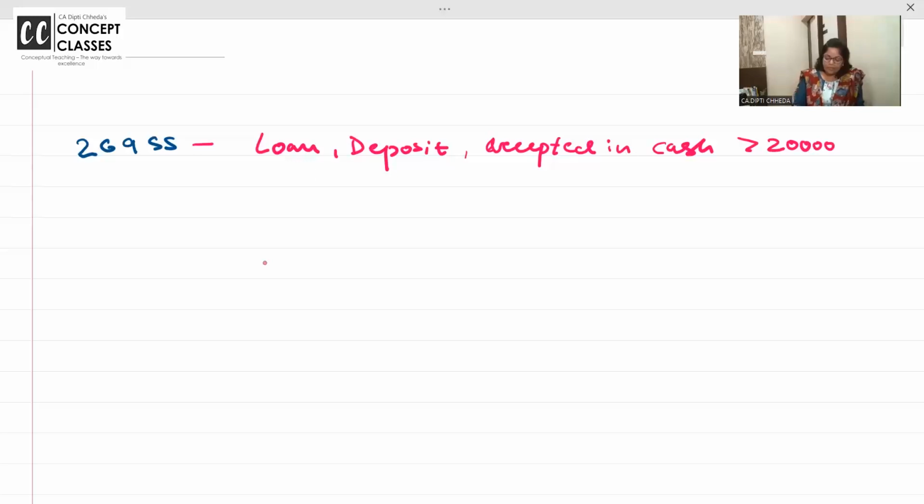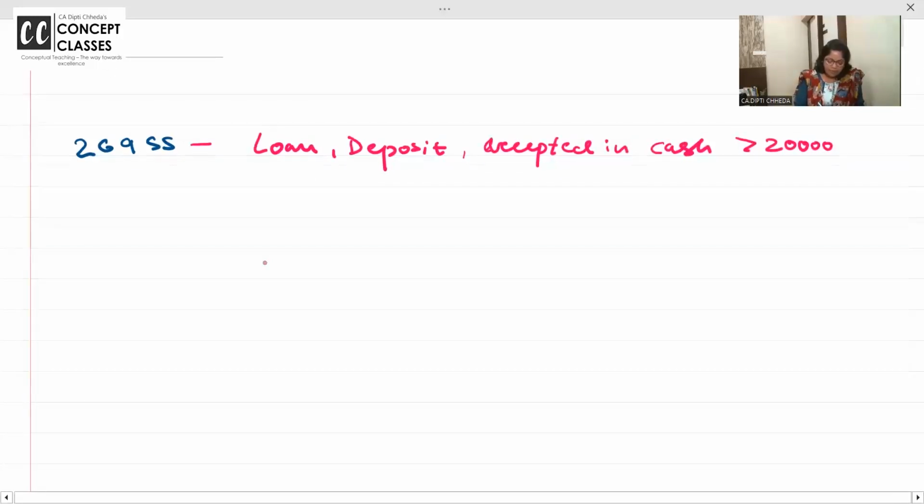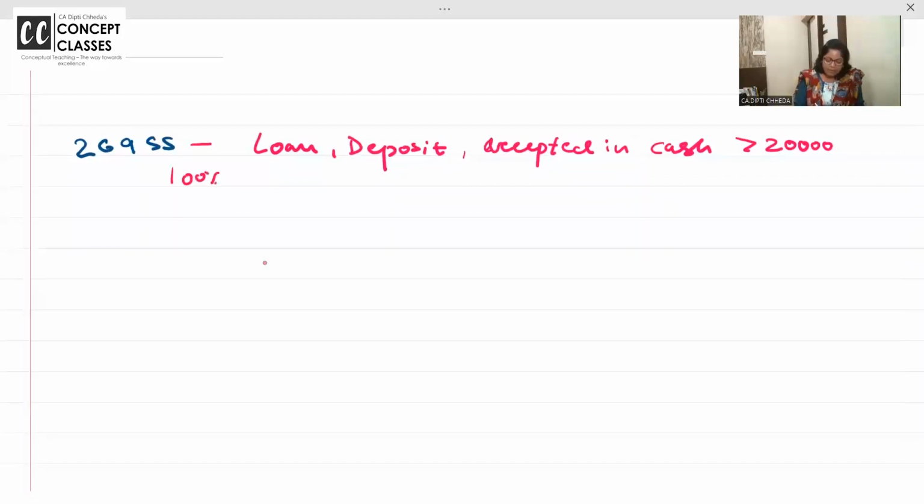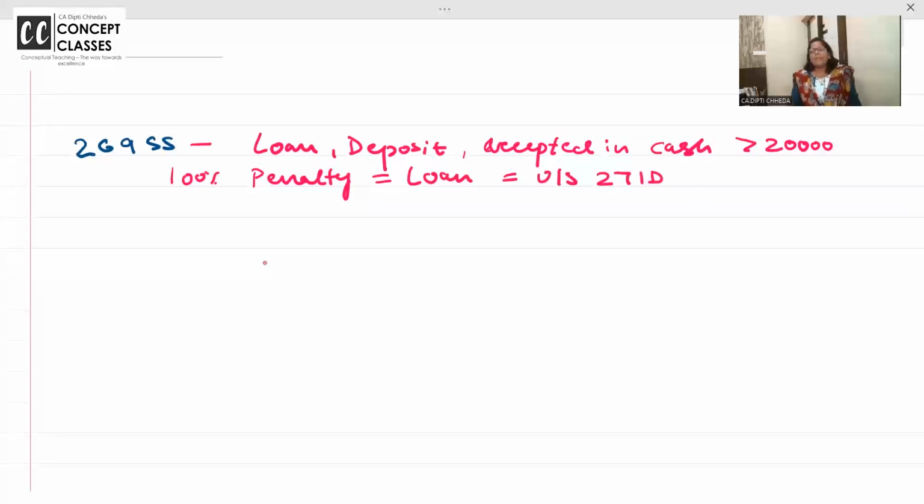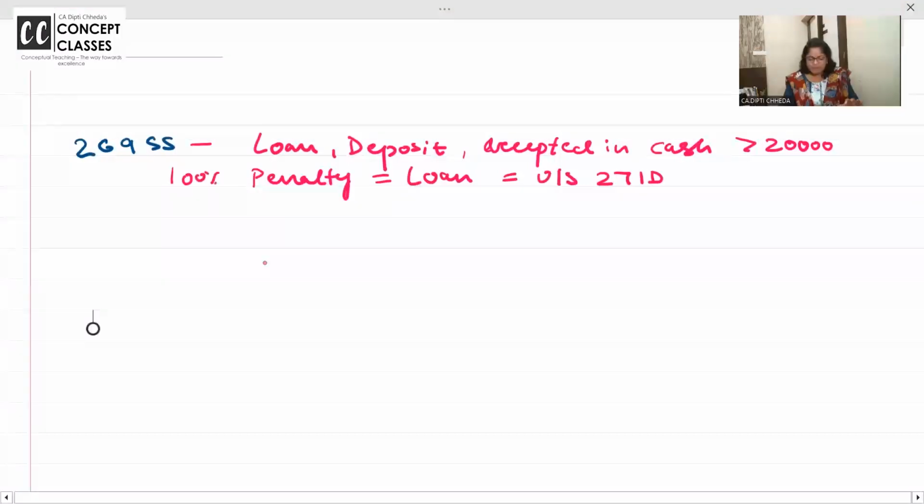Clear? 100% penalty equal to loan under section 271D. मैम पेनल्टीज के सेक्शन लर्न करने होंगे प्रेफरेबली, and I will give you a nice chart once we complete this example. ठीक है?